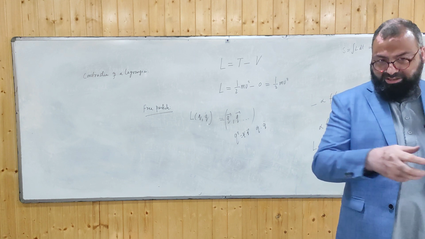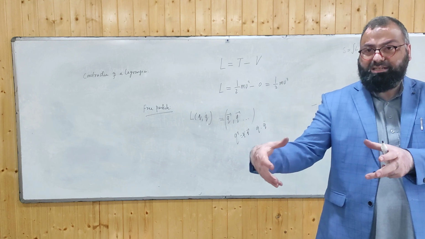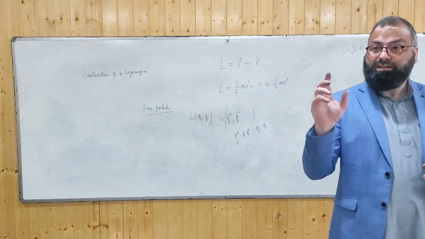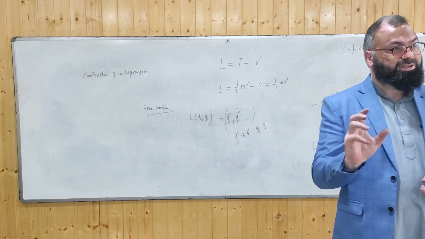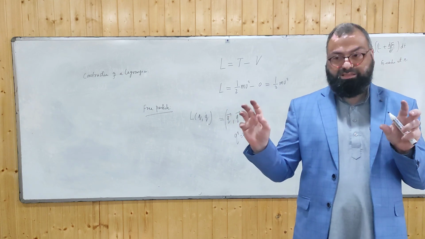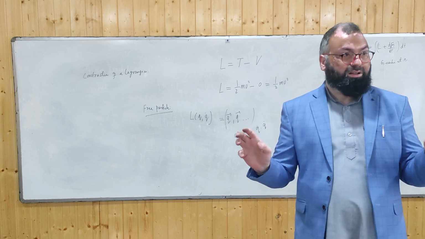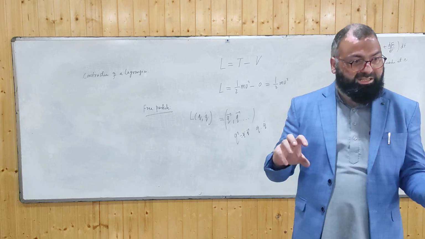Translation symmetry is a continuous symmetry, time translation is a continuous symmetry. Those yield the conservation of energy and momentum. And rotational symmetry is a continuous symmetry, it gives you the conservation of angular momentum. So there is a connection between a continuous symmetry and a conservation law.